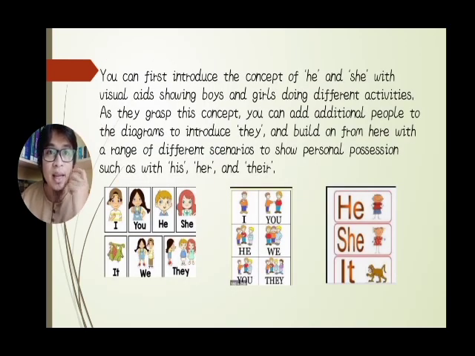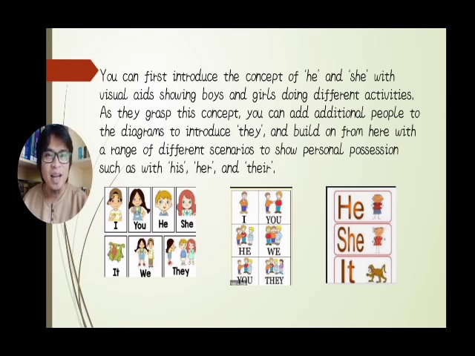You can first introduce the concepts of he and she with visual aids, showing boys and girls doing different activities as they grasp this concept. You can add additional people to the diagrams to include they, and build on from here with a range of different scenarios to show personal possession, such as with his, her, and their.